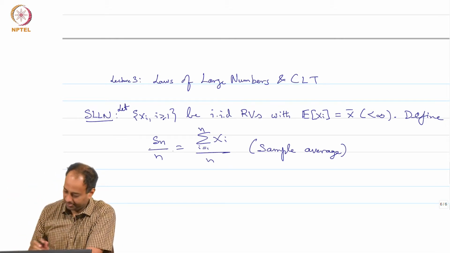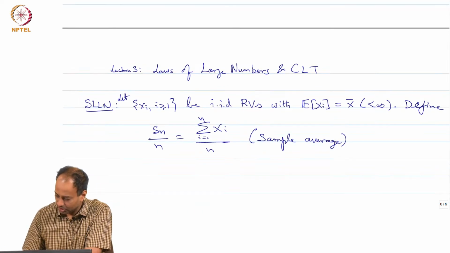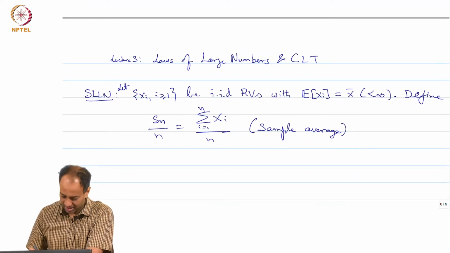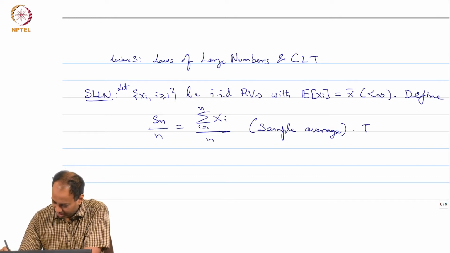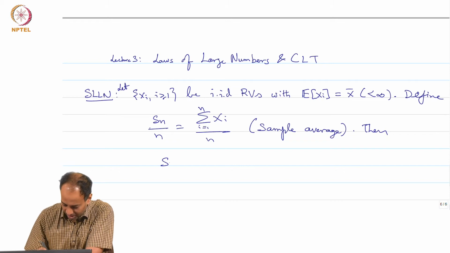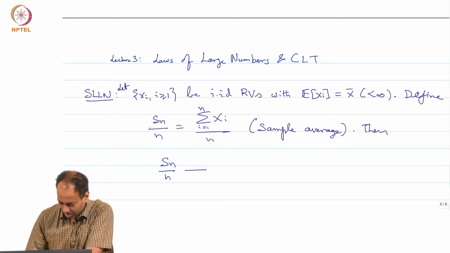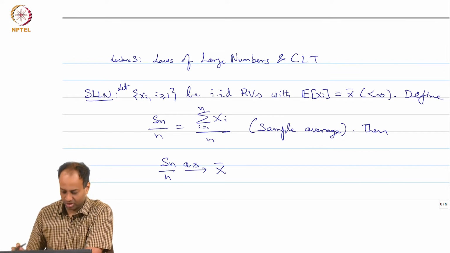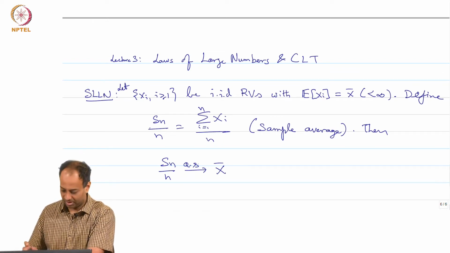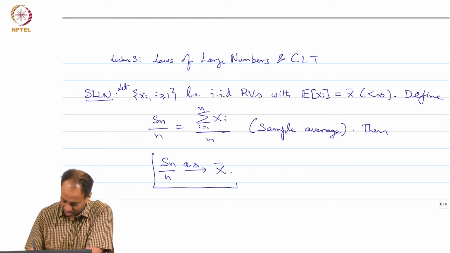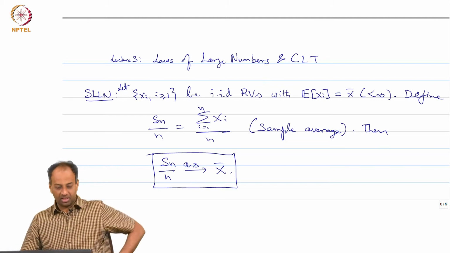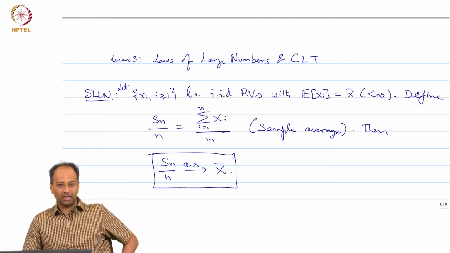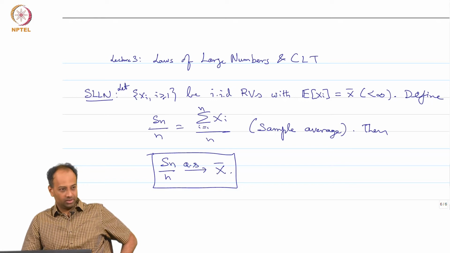The strong law of large numbers says that Sn over n converges to x bar almost surely. Sample average converges to the expected value of each of these random variables almost surely.